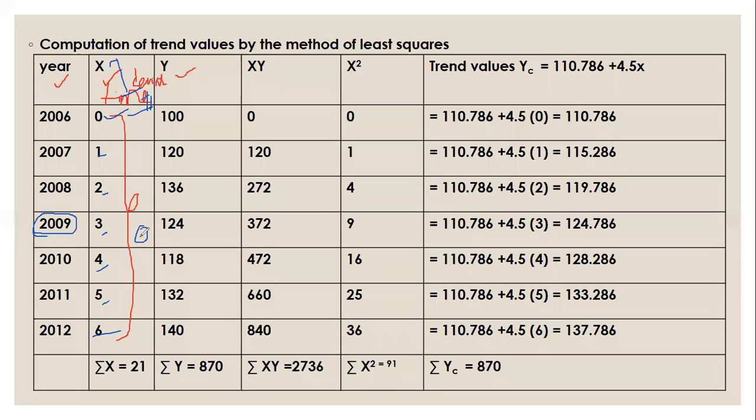So I assume 0 here, and then above it will be -1, -2 and -3, and below it is going to be 1, 2 and 3. So this is the second way of assuming the time when you are solving the method of least squares. Clear? Everybody understood till here?